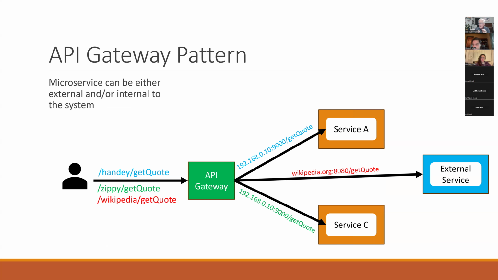API gateways are not only limited to internal services. They can also be connected to external services. So like in this one here, if I have Wikipedia and I want to get a quote from Wikipedia, I can go to wikipedia.org, hit a port, hit their API, and get a quote from there as well.